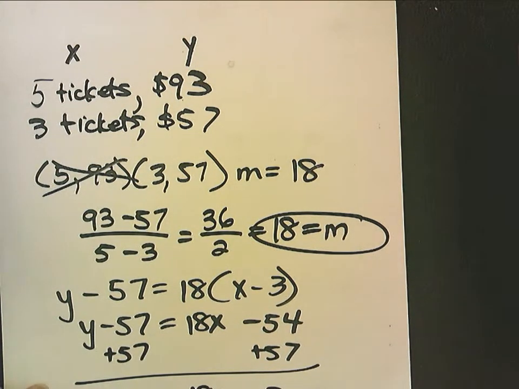Now, again, they don't ask this, but this would be cost per ticket, and this would be the fixed fee that they add per order. But this question says, how much will 4 tickets cost?